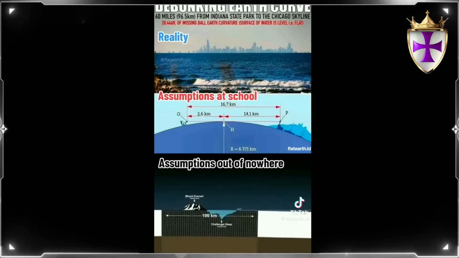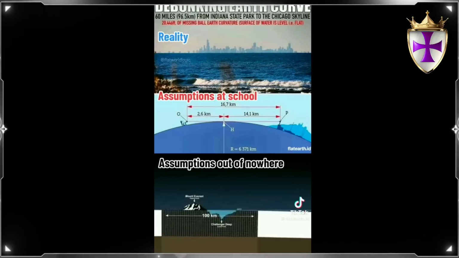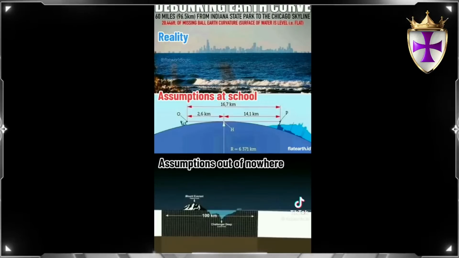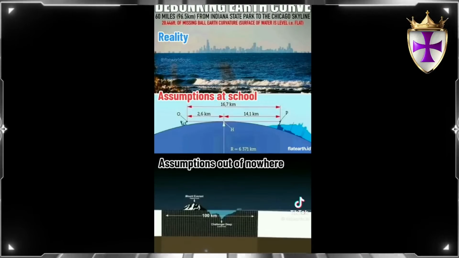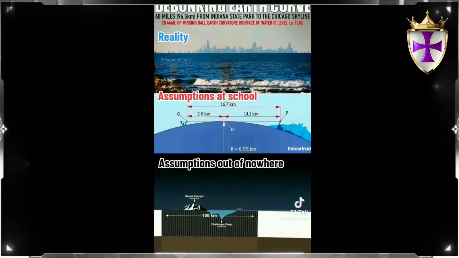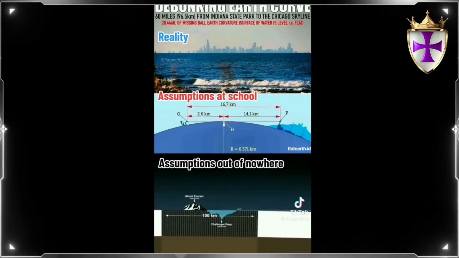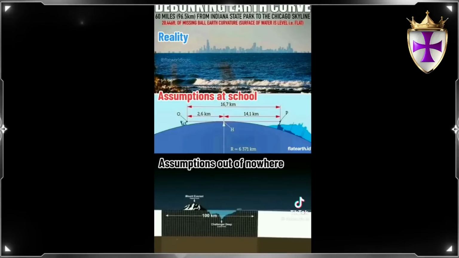It could very well be that there is a much more subtle curvature there. But even so, water itself stays level. It cannot take on a curve on its own. Well, yeah, and that's a whole other theory about gravity and how all that works.